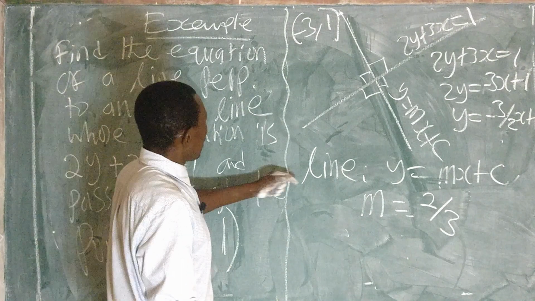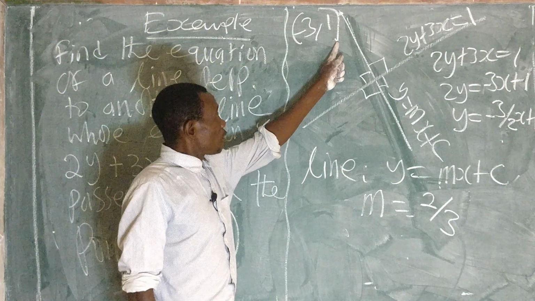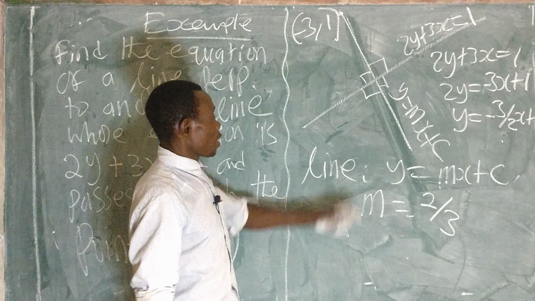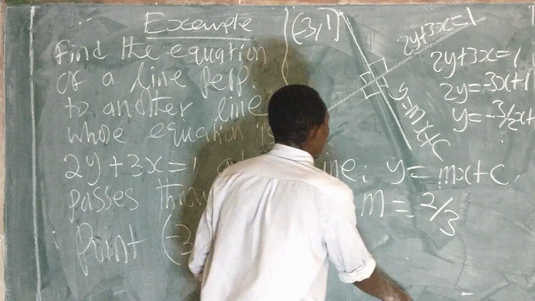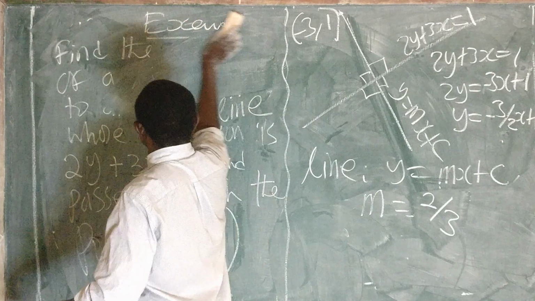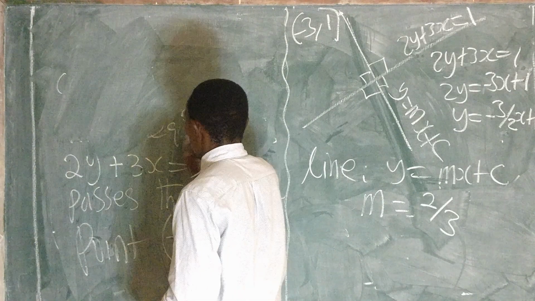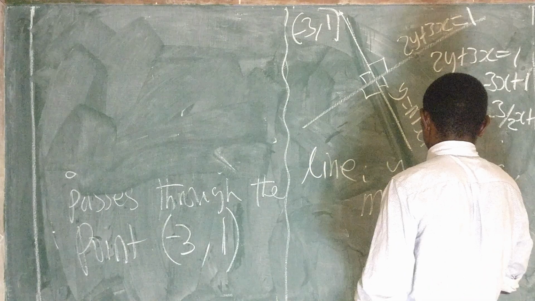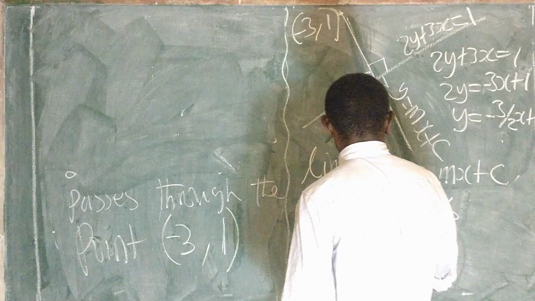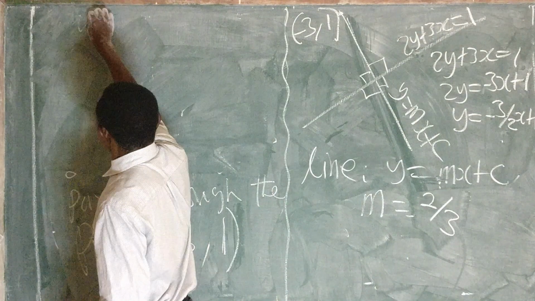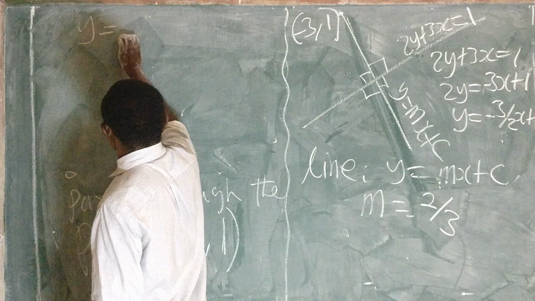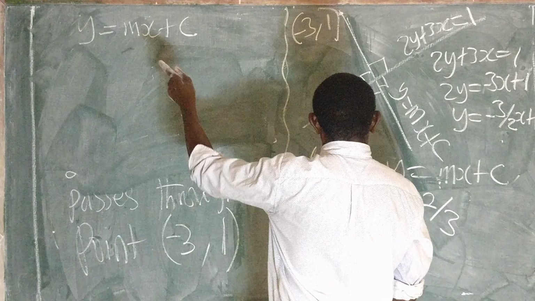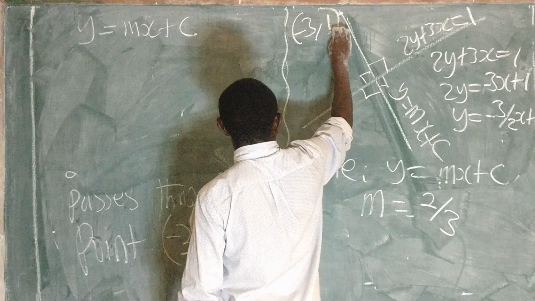Y-intercept, capitalize on that. Use that point through which that line passes. You just have to substitute as I've done earlier, check in the previous videos, right? So by what we have already discussed, to find where this line intersects the y-axis, you're going to have your equation in the form y is equal to mx plus c, such that wherever there's y, we write a 1.